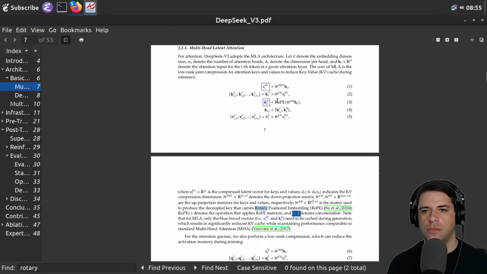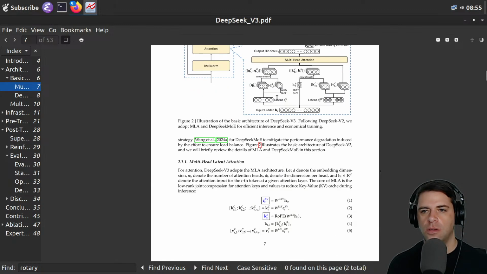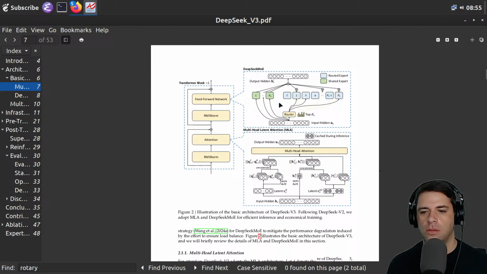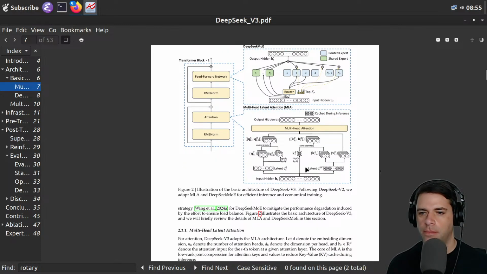And so, I don't know if we're still doing this shared key here. Maybe this will tell us. We apply rope here. This seems to be a single thing that's cached, and we concatenate it with these key stuff that we get from the latent key.